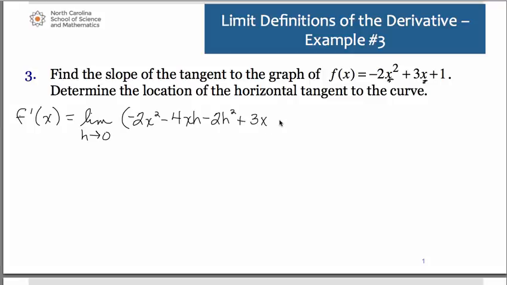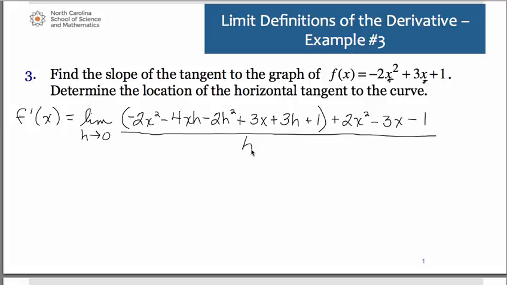This was from distributing the 3 in the linear term, plus 3h plus 1. So that whole thing is f of x plus h. Then we have to do minus the original function. Now I'm going to go ahead and just distribute that negative right away. As you do minus this f of x expression, it's going to become a plus 2x squared minus 3x minus 1, and that's all over h.